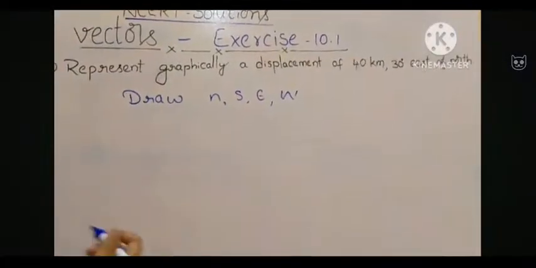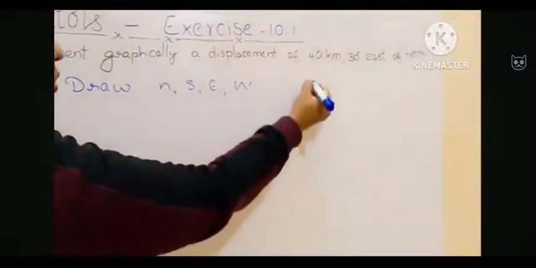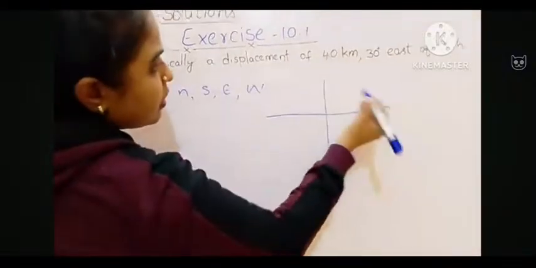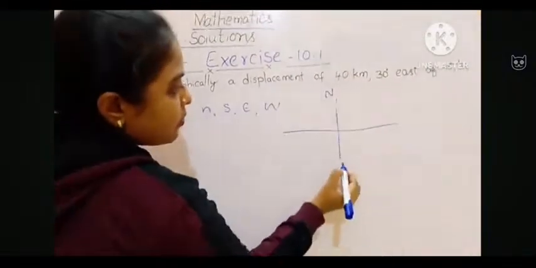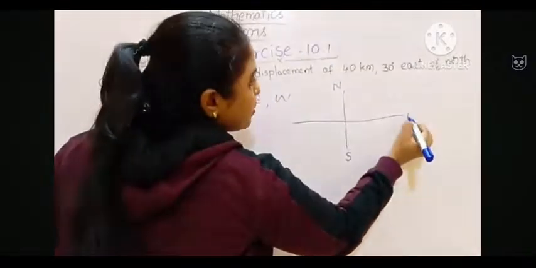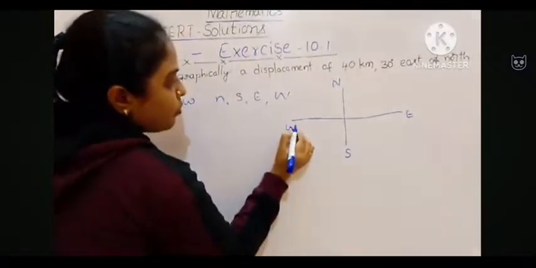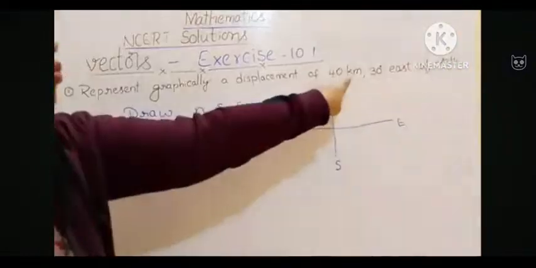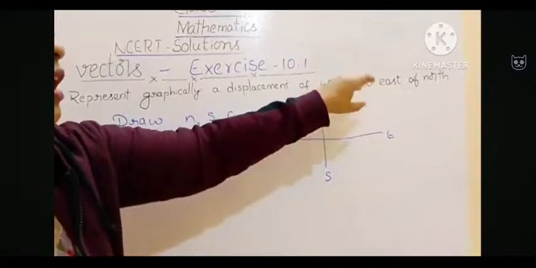So, I will draw a graph for this. Here it is north and it is south, east and west. In the question, they are asking 40 kilometers.